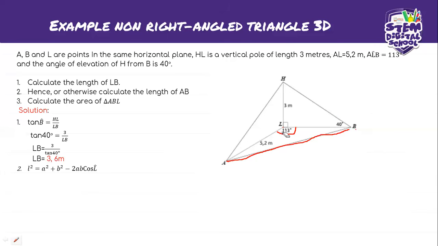Let me just remove this, and then the next step. Now, since we are looking for this side of AB, then surely this side is going to be small letter l, right? Then we're going to substitute everything. Then after we have substituted, you just press your calculator.